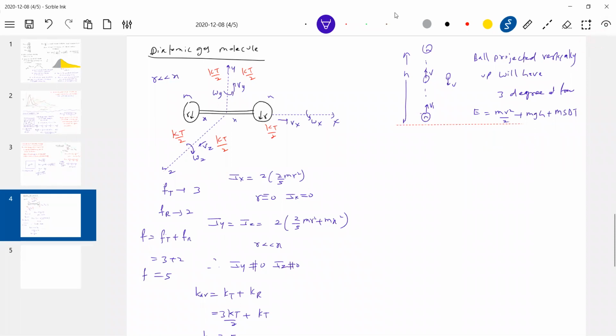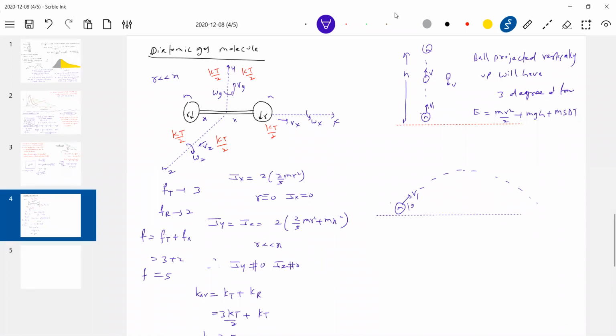Getting the idea? Okay, now if I project a ball at an angle, now it will move in a parabolic path. What all? It can move along x, along y, gravitational potential energy, and also let's say the viscous drag. How many degrees of freedom?